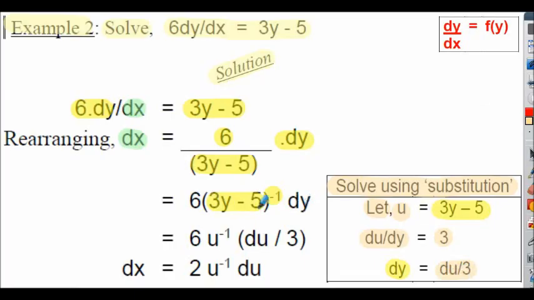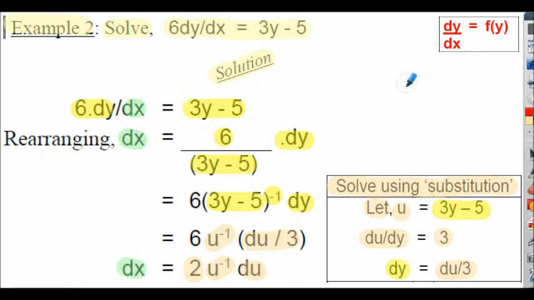So now we simply replace the bracket of 3y minus 5 to the power of -1 with u to the power of -1, and we replace the dy with du divided by 3. On the next line, I've simply divided the 6 by 3 to give us 2 here. So we have 2u to the -1 multiplied by du. That's still equal to dx on the left-hand side.